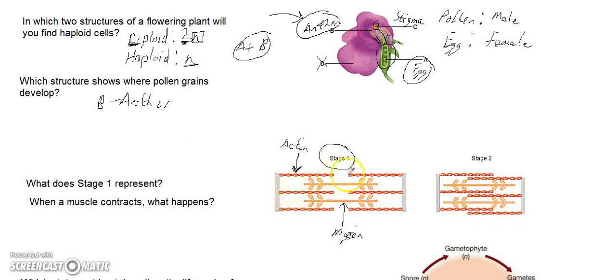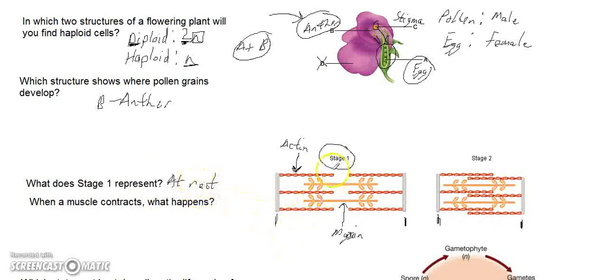The relaxed muscle, these actins, will not be overlapped, and in a contracted muscle, they will be overlapped. And you can see here, if you just look, you can see this sarcomere is much longer than stage 2. And so stage 2 is contracted. Remember, contracted means shortened. So stage 2 is contracted, and stage 1 must be fully at rest. So it would be stage 1 represent.